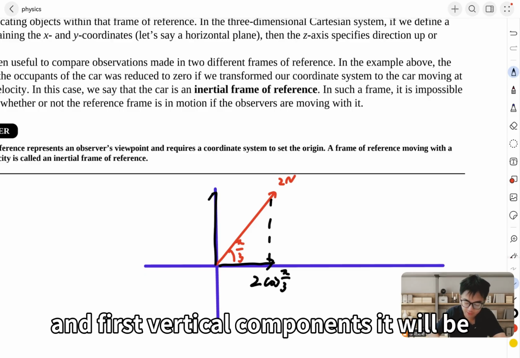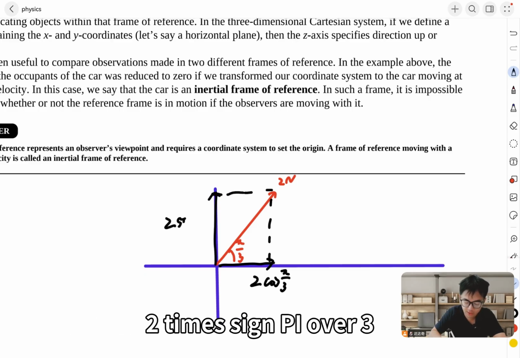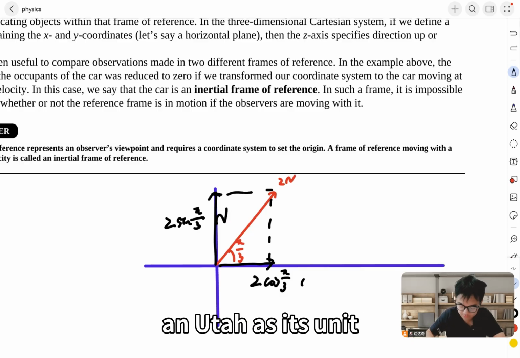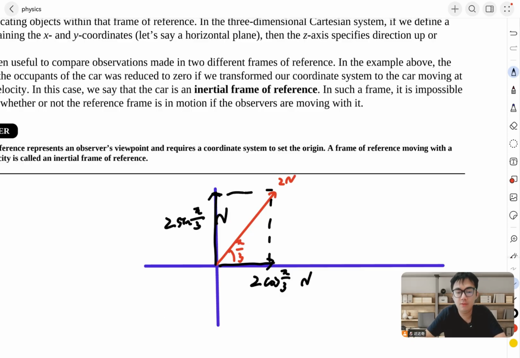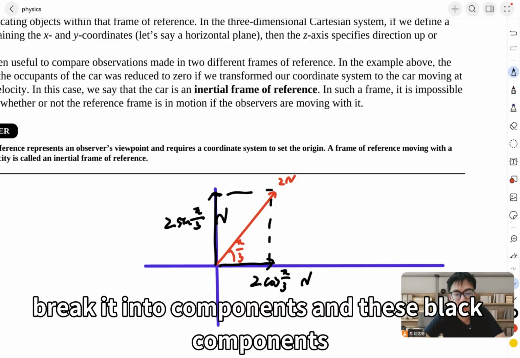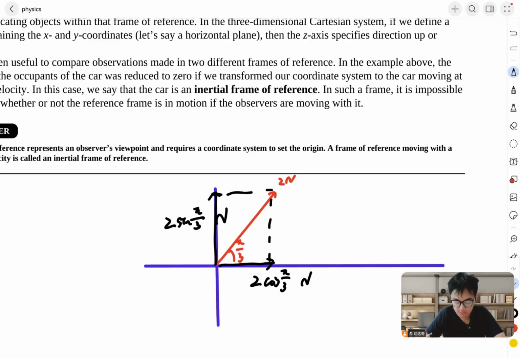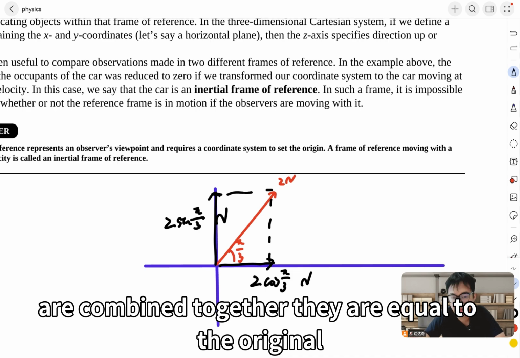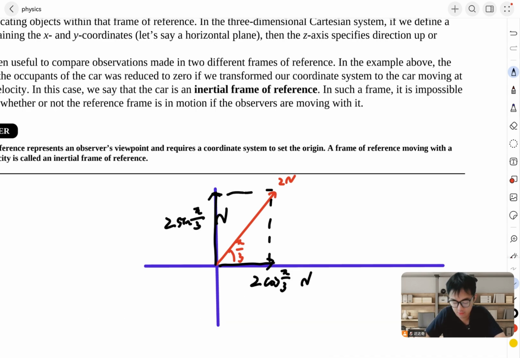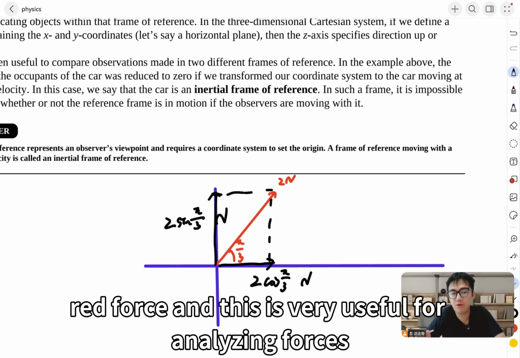And its vertical component will be 2 times sine pi over 3, with newton as its unit. So we could break it into components. And these black components, if they are combined together, are equal to the original red force. And this is very useful for analyzing forces.